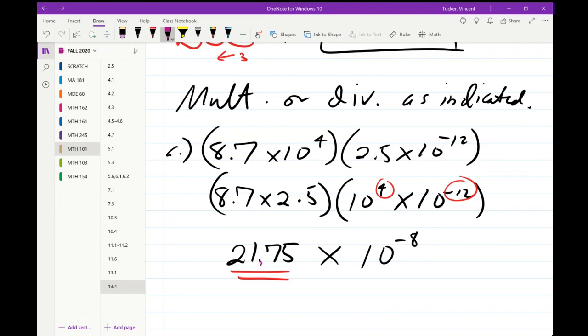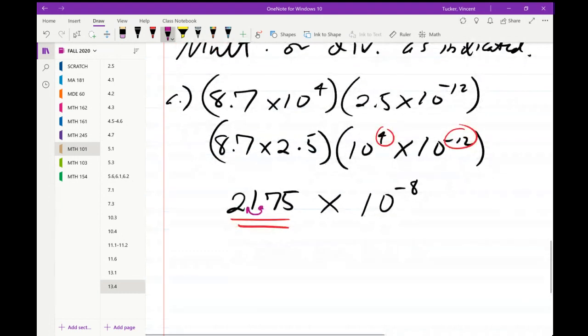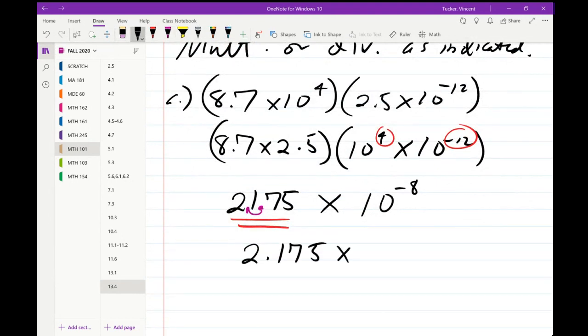So we want to move this decimal one place to the left. So that would be 2.175 times 10 to the first power. What that will result in is 10 to the first power because we move it one spot to the left.